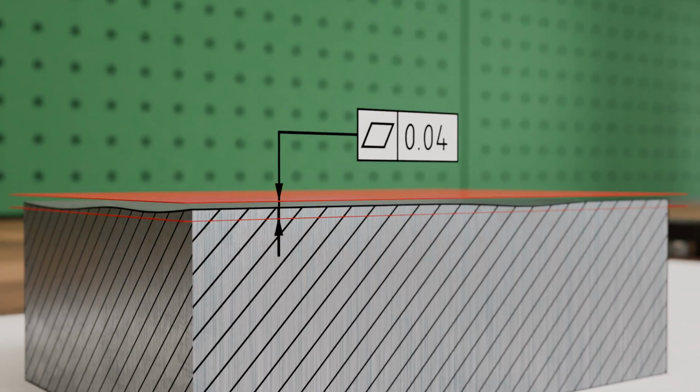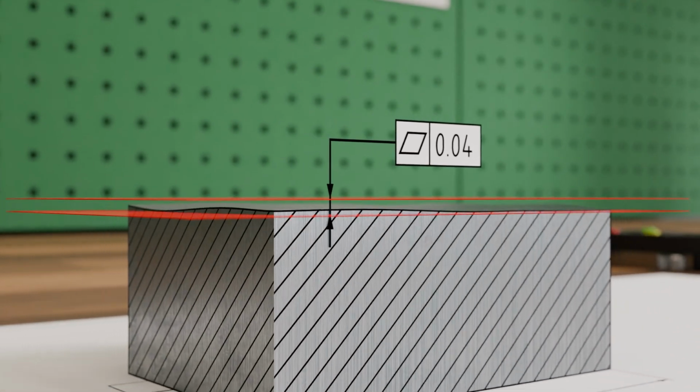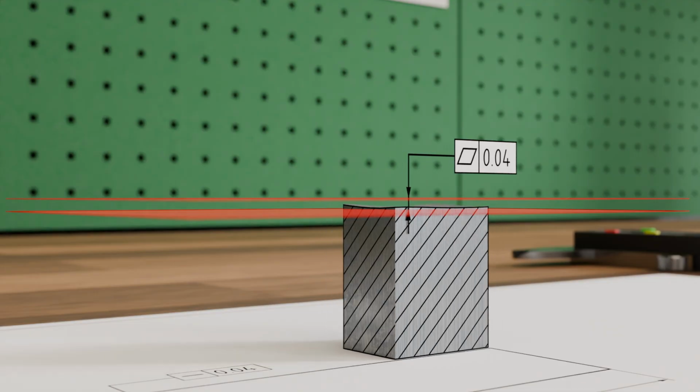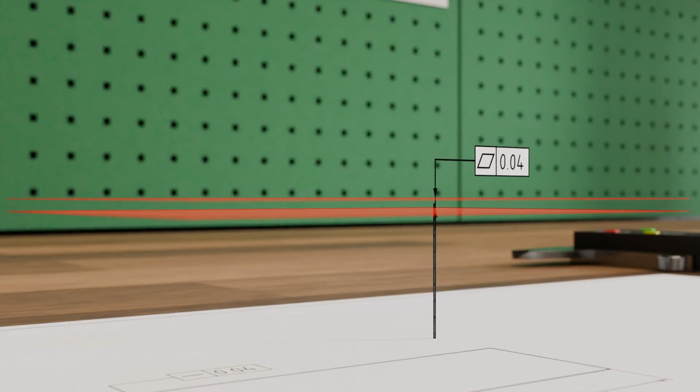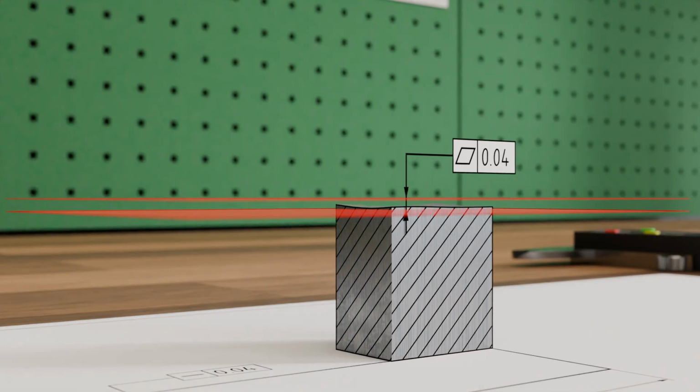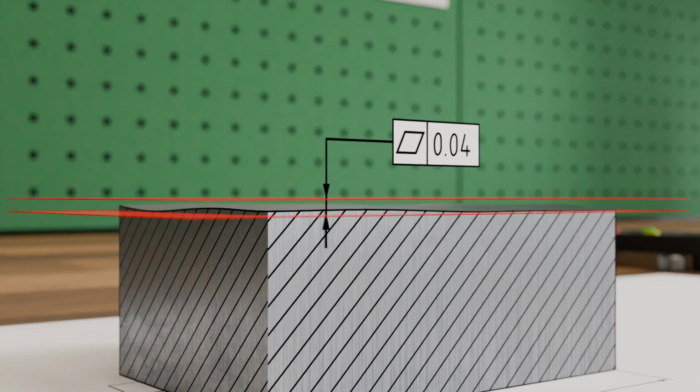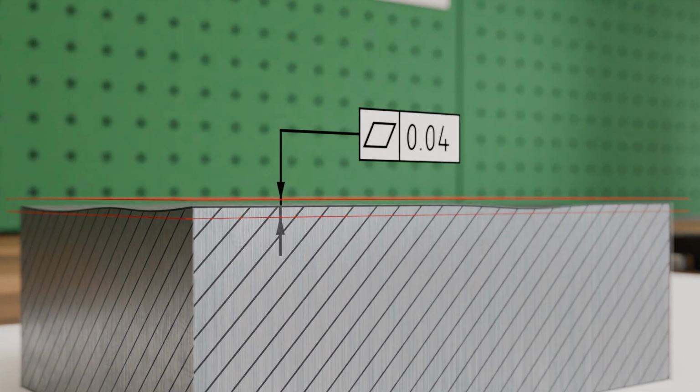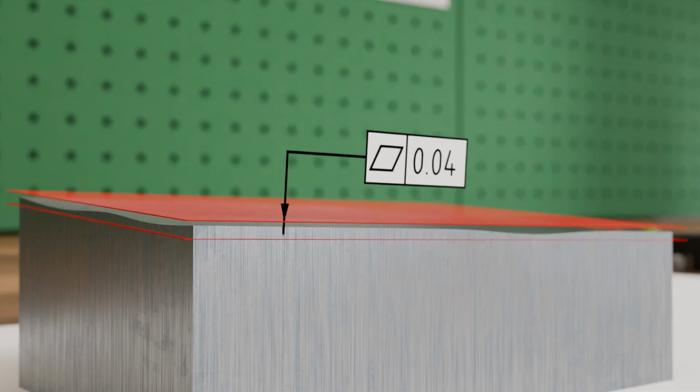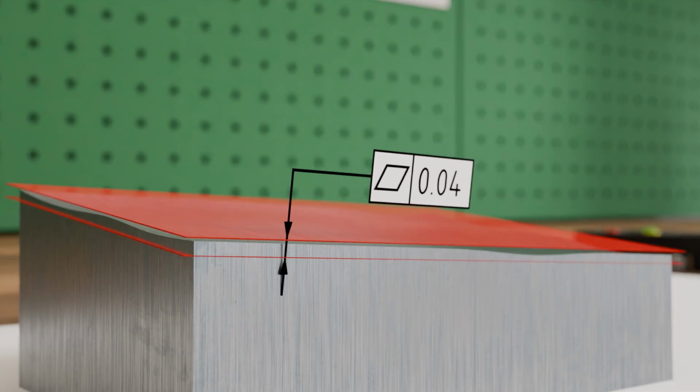If we mentally pass through our component again, the surface must lie within two parallel planes spaced 0.04 mm apart. Note again at this point that, similar to straightness, the position of the parallel planes does not matter for flatness. The planes may therefore be inclined, as long as they are parallel to each other.